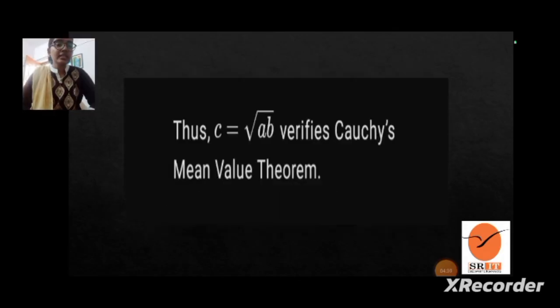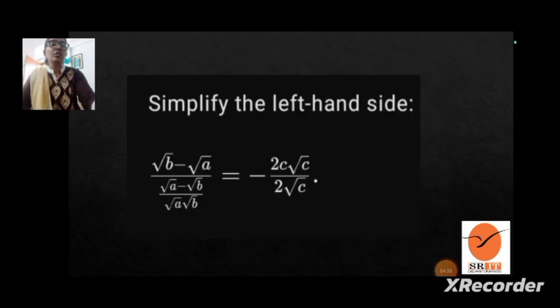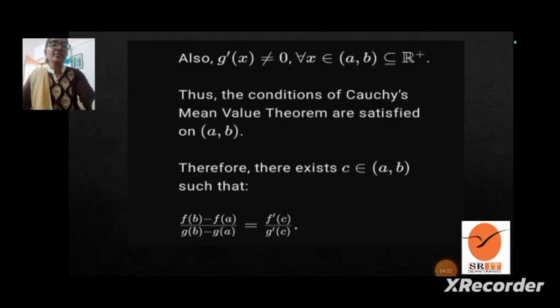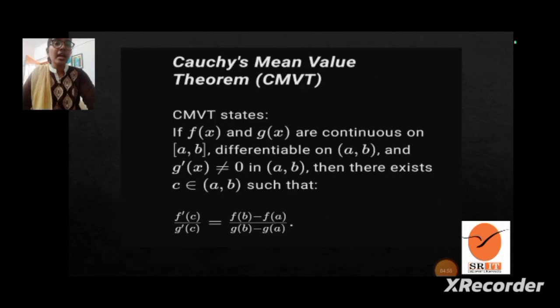Thus we can see how it has been simplified, the verification of Cauchy's mean value theorem, and we can also see how root ab has been satisfied as belonging to the open interval (a, b).